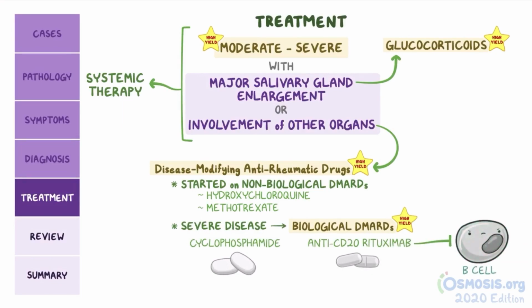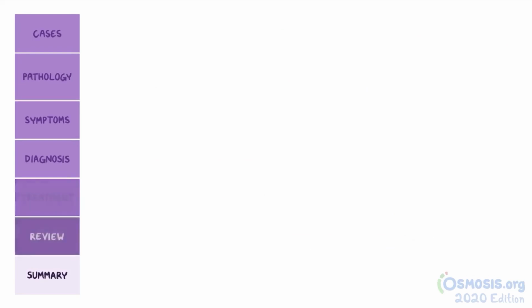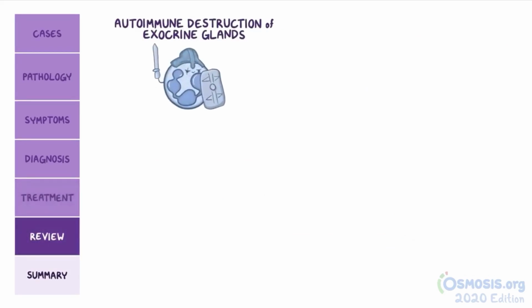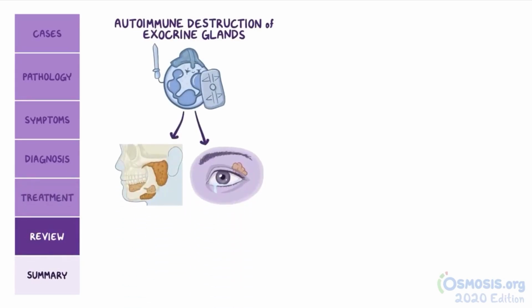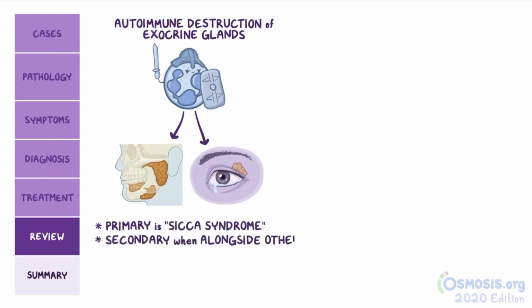Alright, as a quick recap, Sjogren's syndrome causes the autoimmune destruction of the exocrine glands, most commonly the salivary and lacrimal glands. It can be primary when it's called Sicca syndrome, or it can be secondary when it occurs alongside other autoimmune diseases.